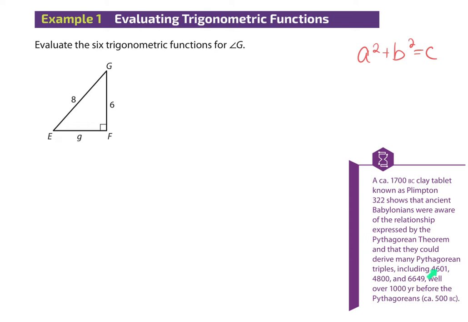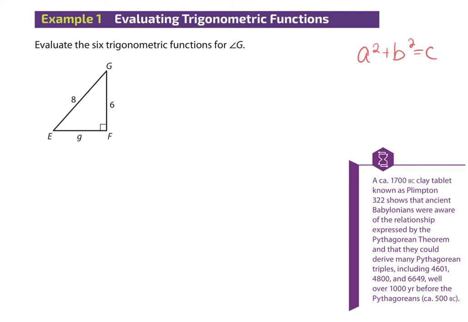This would have been over 1,000 years before Pythagoras even came on the scene at 500 BC. So he's credited with taking note that this is an actual thing that works every time and recording it. But we have records of them using this theorem for right triangles long before he's actually on the scene or born. But anyway, I just found that interesting.